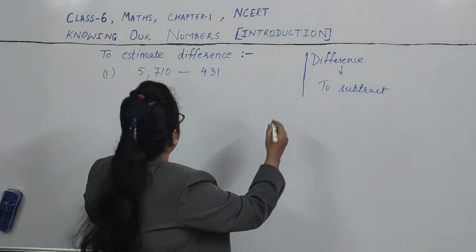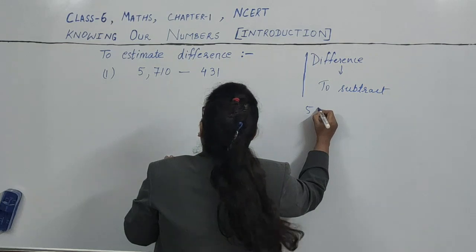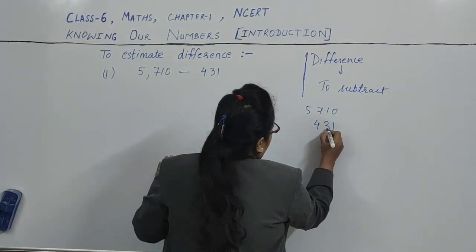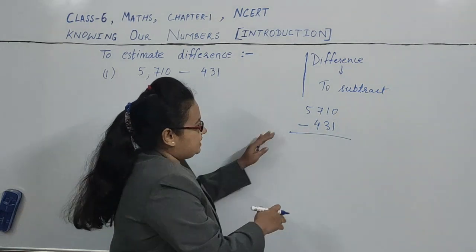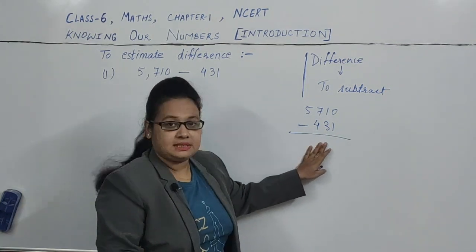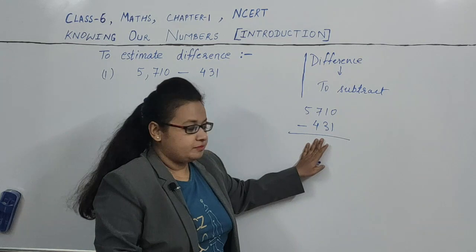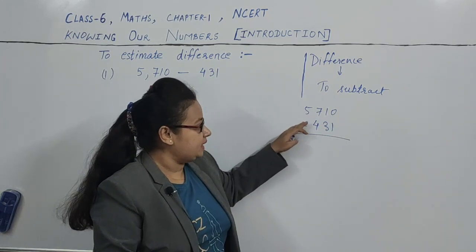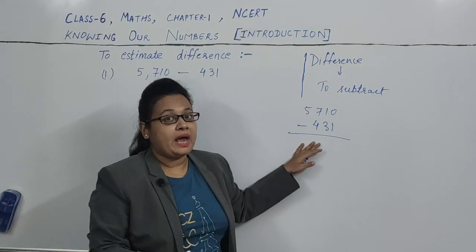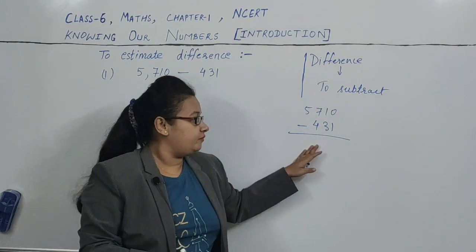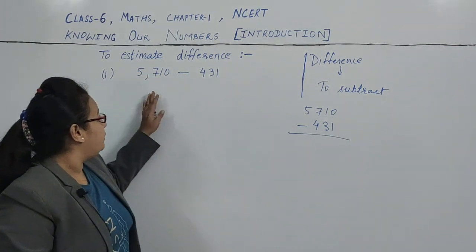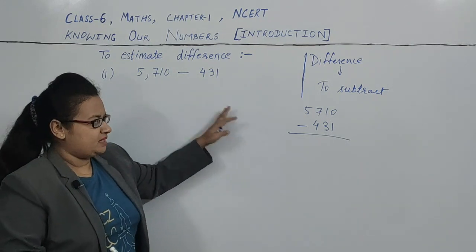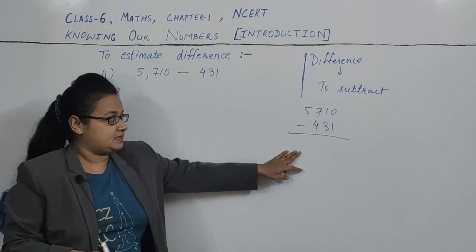The actual difference would be 5710 minus 431, and if we do this problem we get the solution. But we don't want to do the actual calculation here. We want to find the estimated difference between these two numbers.